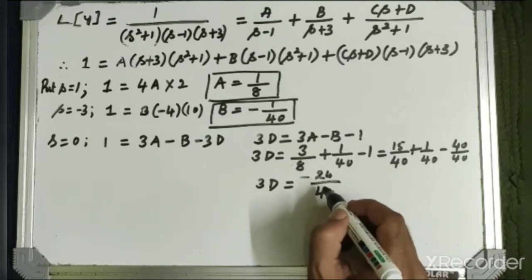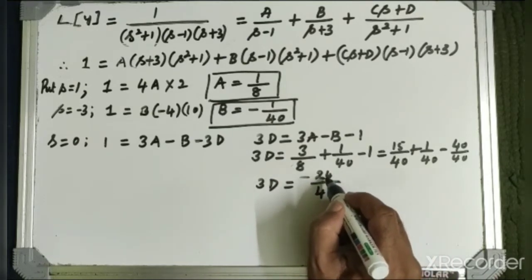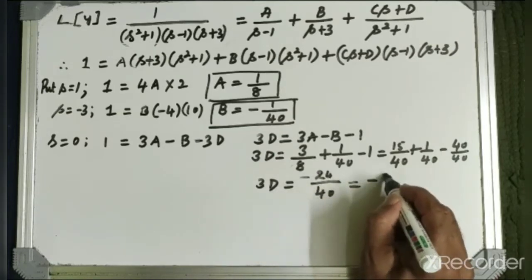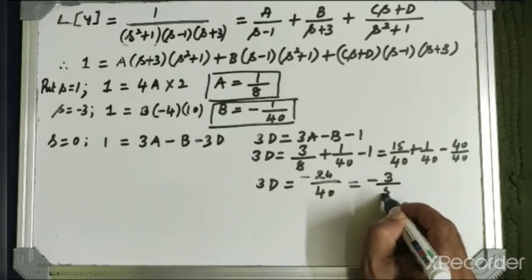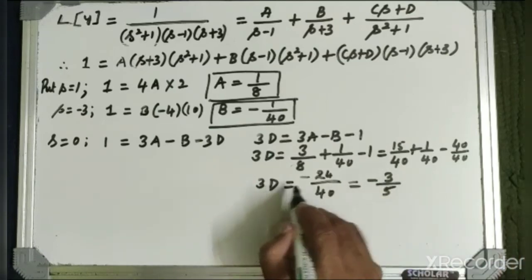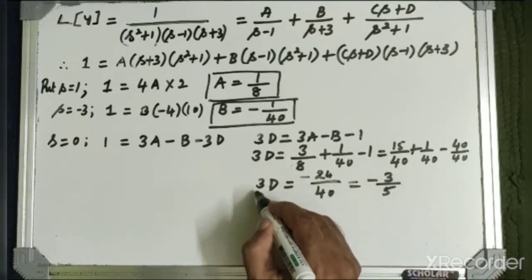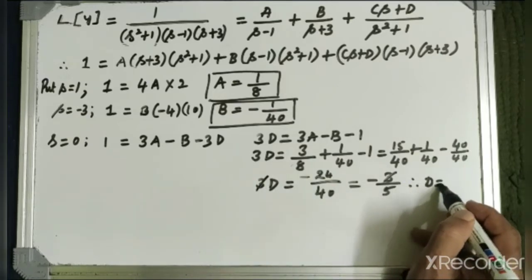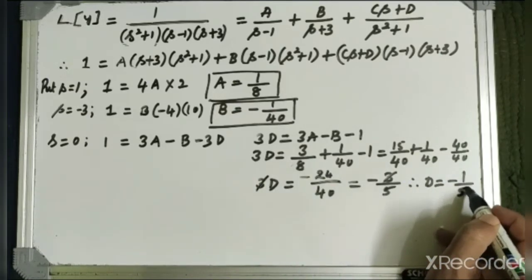Now you can cancel this with 8: 8 3s are 24, 8 5s are 40. So 3D is equal to minus 3 by 5. This 3 cancels, therefore D is equal to minus 1 by 5.